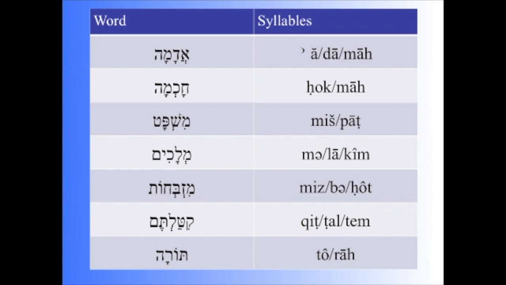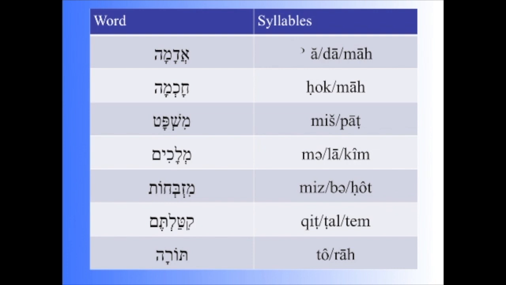In the word after that, the mem has a shva underneath it. Now, when the shva is under the first consonant of the word, it's always going to be vocal because you can't start a syllable or a word with two consonants, so it's going to have a vowel. The lamed that follows has a vowel, as does the kaf.